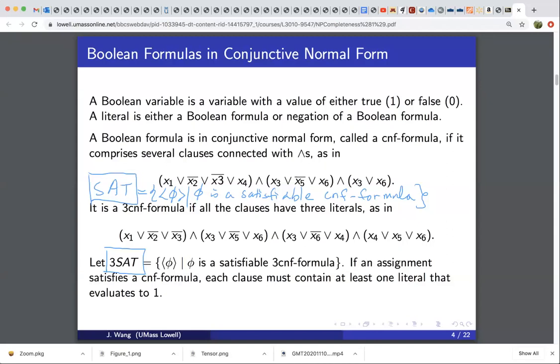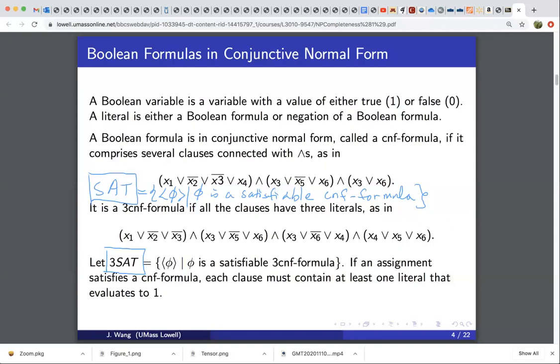Because given an instance, you just need a truth assignment. Then I can verify whether, under that truth assignment, the formula evaluates to true. That can be verified pretty easily.